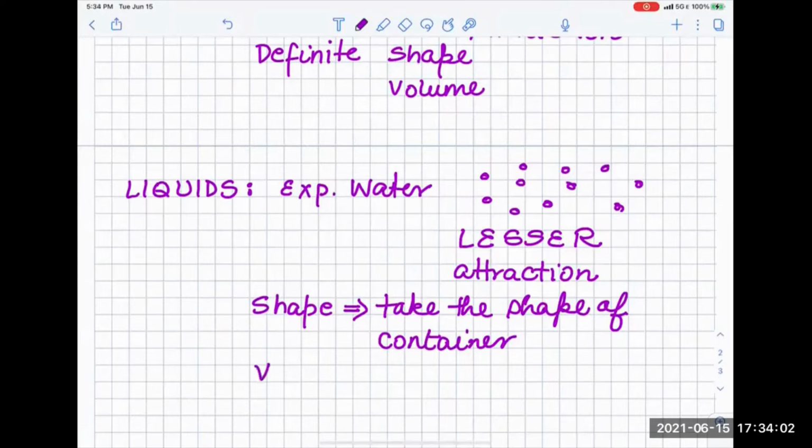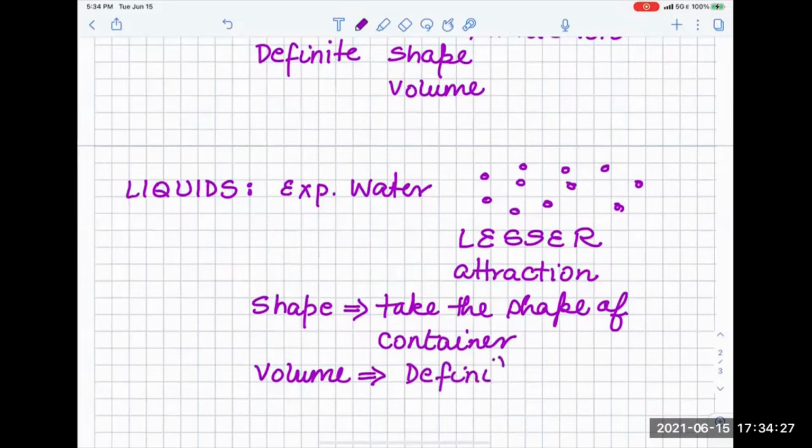But what about their volume? Definite. That is why you go to the grocery stores, gallons of milk, right? Those pints, and so the volumes are very definite, and based on the amount of mass or the matter there, you get charged. So volume is again definite in this case.